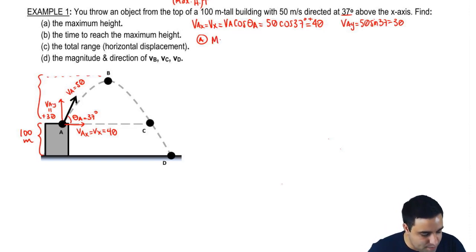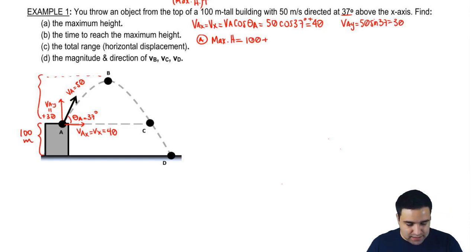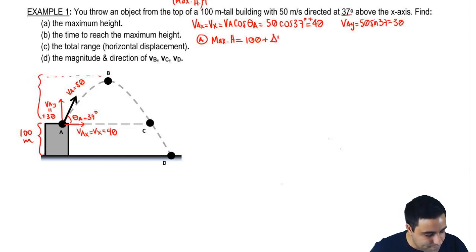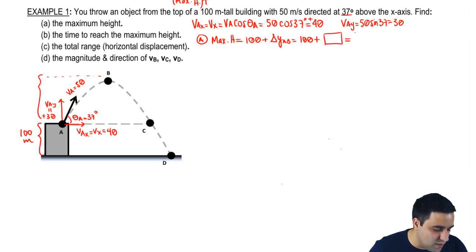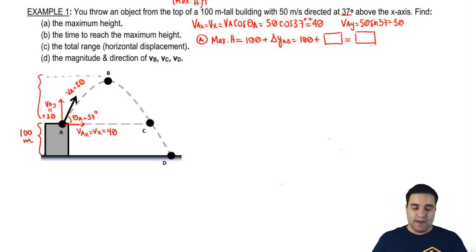So your maximum height will be 100 plus this length here, which is your delta y from A to B. I have the 100 obviously, but I don't have the delta y, so that's what I'm going to get. Once we have the delta y, we'll have the final answer for the maximum height.